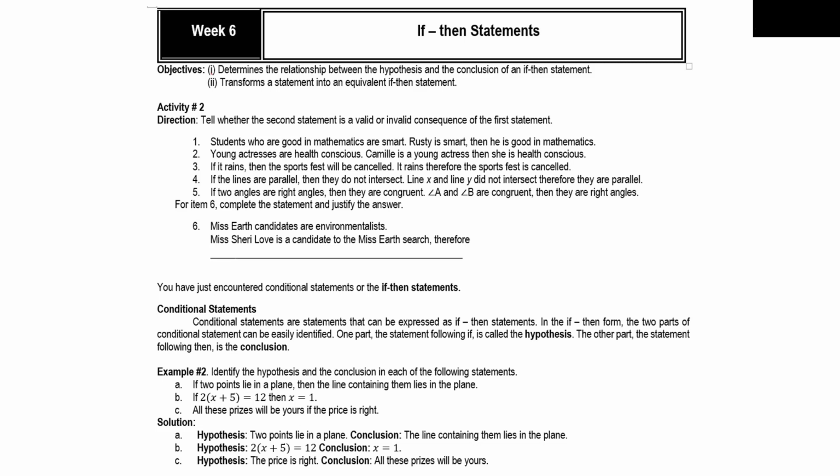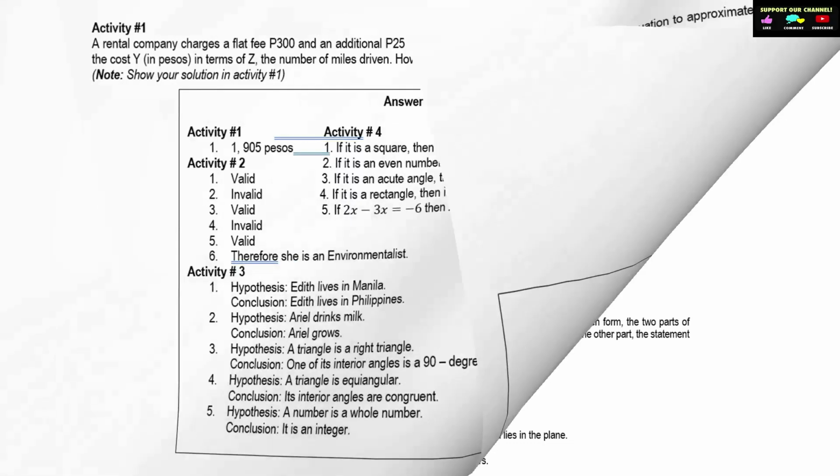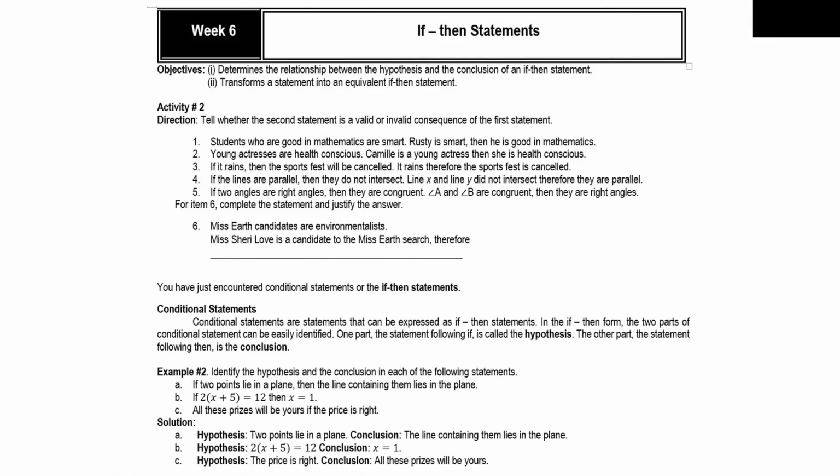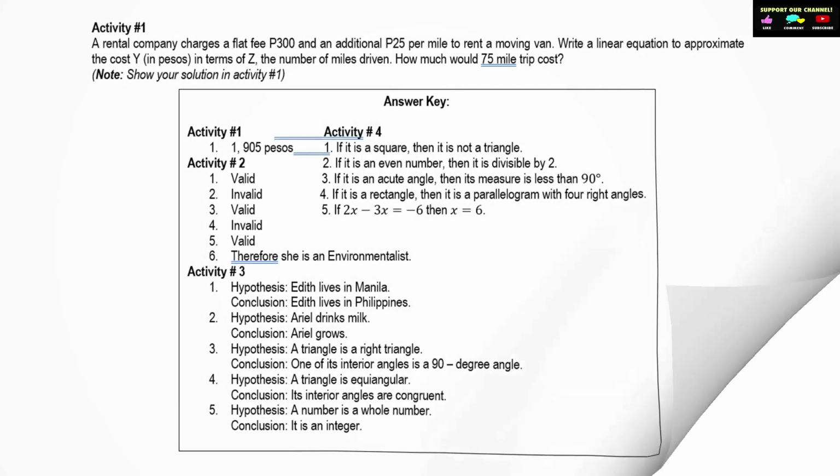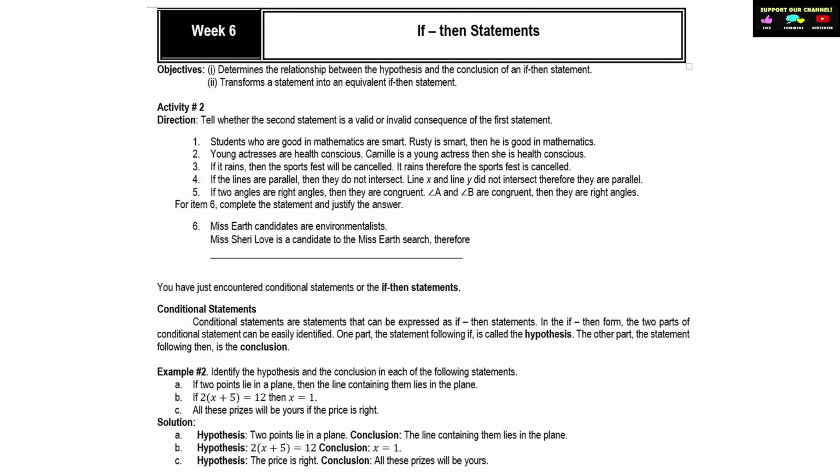Then for number 3, if it rains, then the sports fest will be cancelled. It rains, therefore the sports fest is cancelled, so that is valid. Number 4, if the lines are parallel, then they do not intersect. Line X and line Y did not intersect, therefore they are parallel, so that is invalid. If two angles are right angles, then they are congruent.